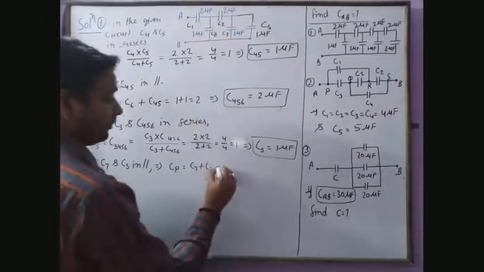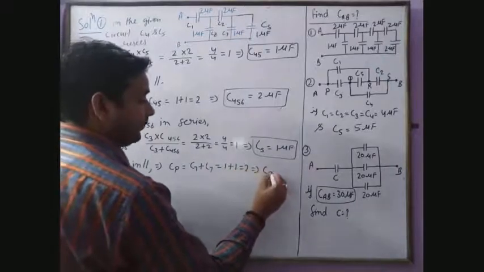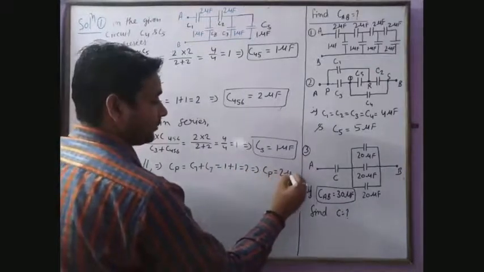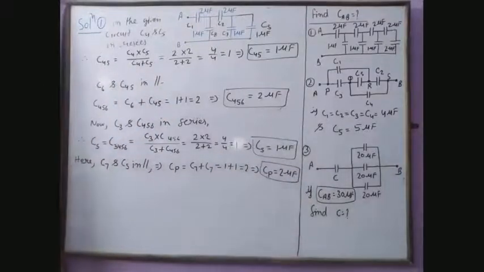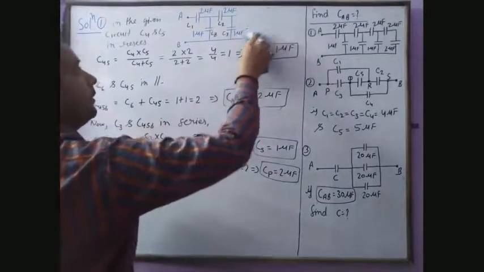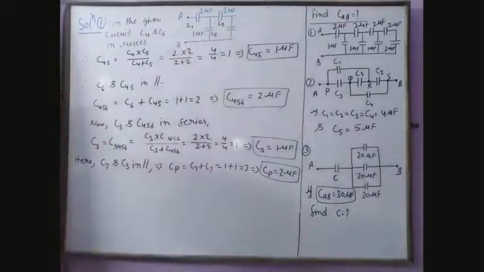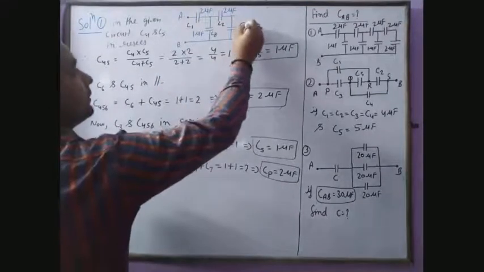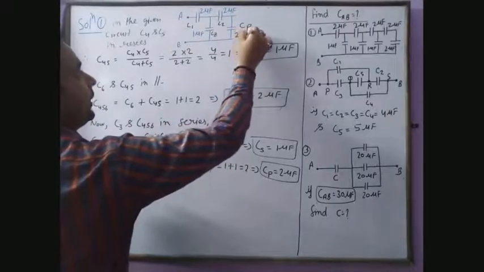This gives 1 plus 1 is 2, that is, CP is equal to 2 microfarad. Now this will be reduced to CP equal to 2 microfarad.